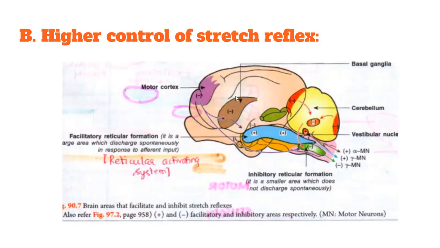Now, how does the basal ganglia act? It is also responsible for reducing your gamma efferent discharge, but how? It either activates the motor cortex or it directly connects with the inhibitory reticular formation. So at the end of the day, all of this ends up in the inhibitory reticular formation, causing reduced gamma discharge.